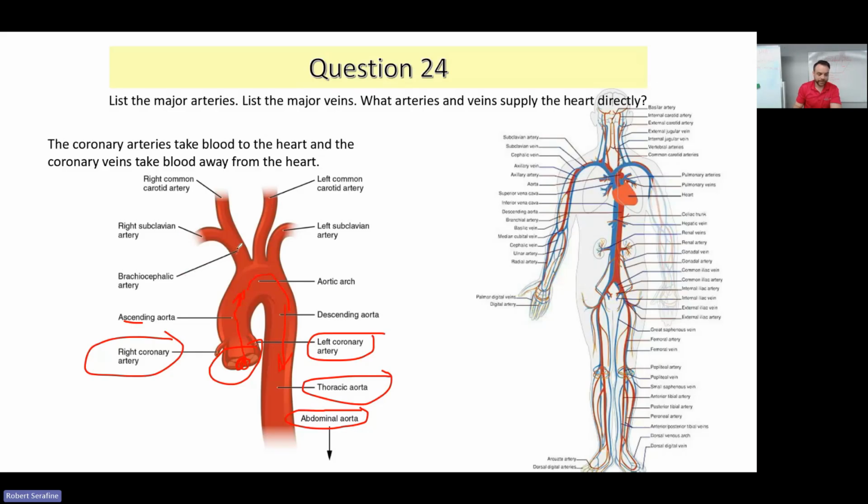So going off to the right side of the body, we have our first trunk here, which is the brachiocephalic artery. And I kind of cropped out the word, but brachio, arm, cephalic means head. So this means that this artery is branching off to the arm and the head.